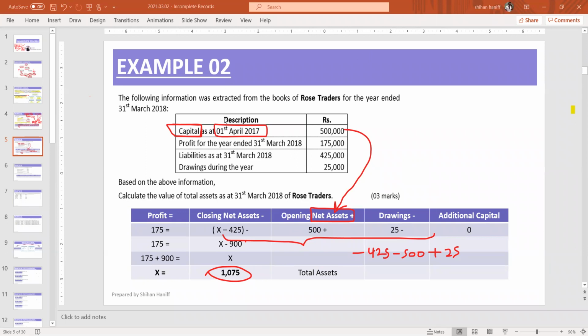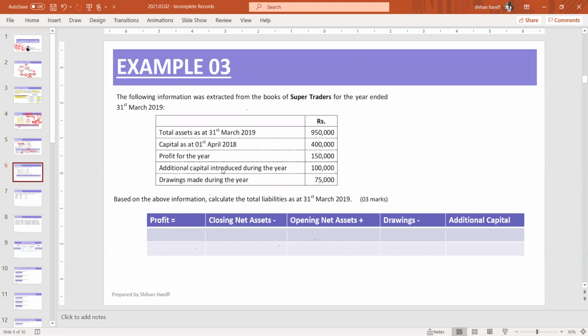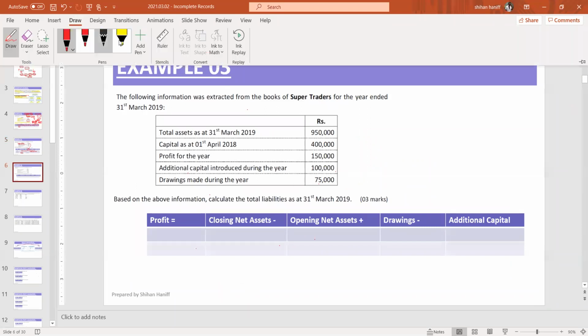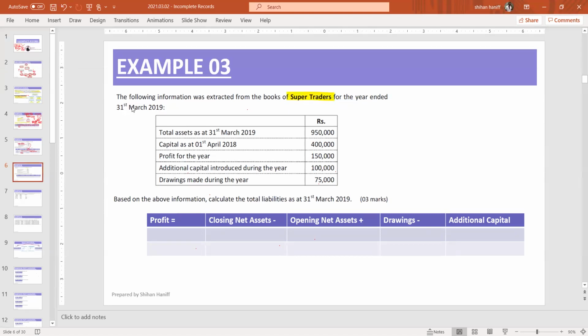Example 3. The following information was extracted from the books of Super Traders for the year ended 31st March 2019. Total assets 31st March, capital 1st of April. This is opening capital. Profit, additional capital introduced during the year, drawings made during the year.